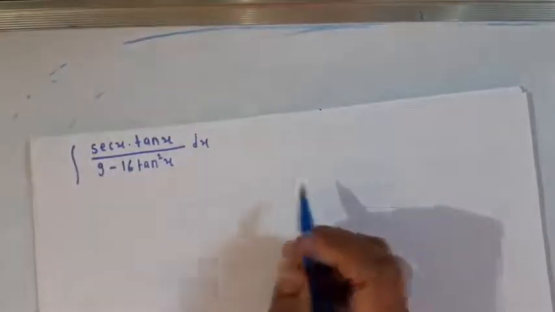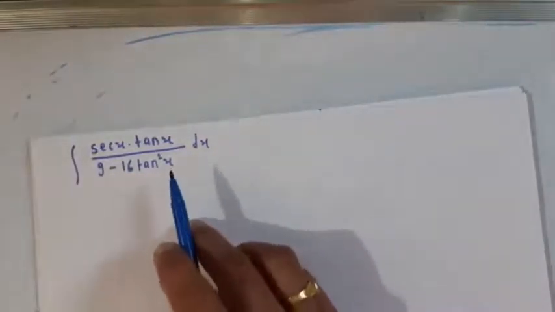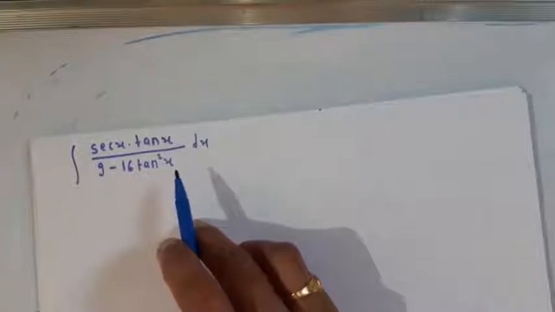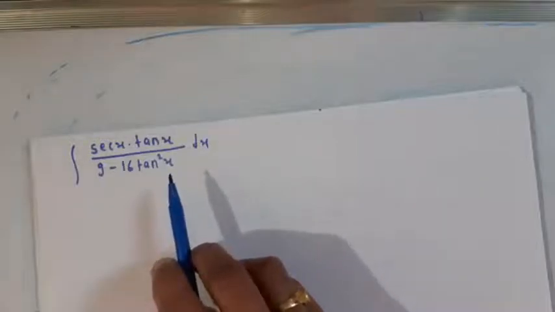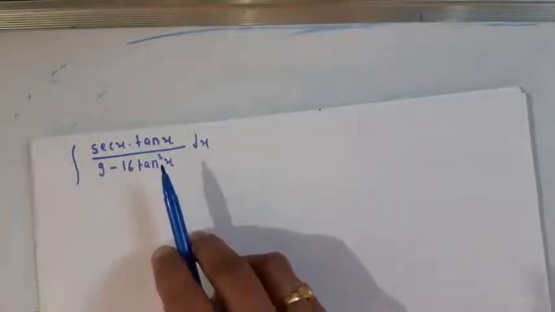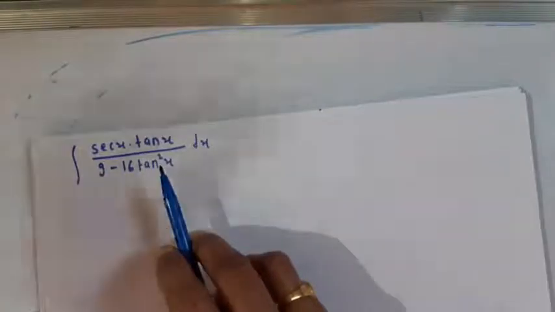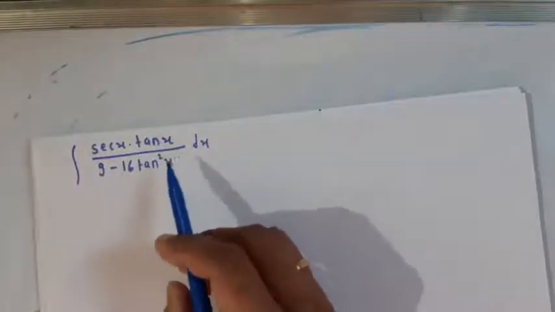So students, we don't have the formula to solve this type of integration. Okay, also by the special type of formula we have to solve, but again this is not in directly integrable form. So by making adjustment by substitution, we have to convert into integrable form.